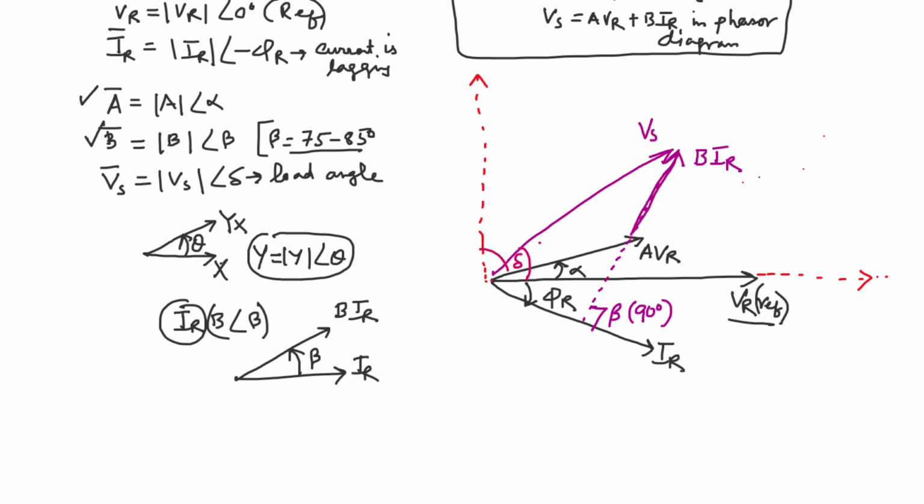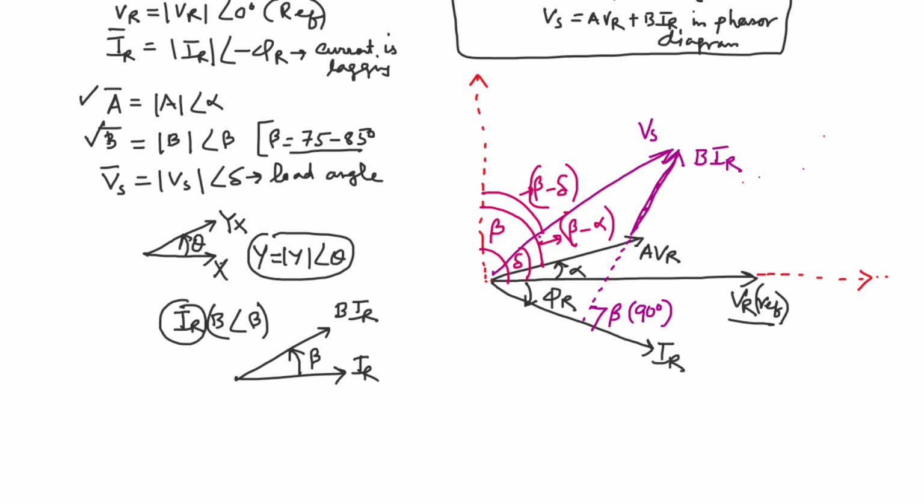This entire angle is beta, because I told you beta is equal to 90 degrees. So essentially this angle is beta minus delta, and this whole angle is beta minus alpha. So this is step 1 for you: VS is equal to AVR plus BIR.